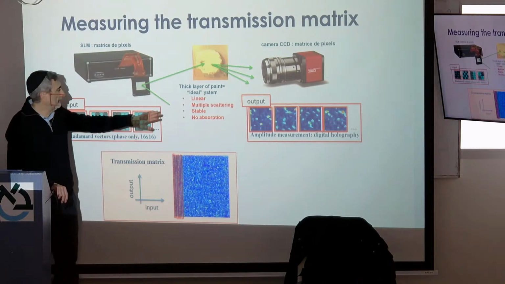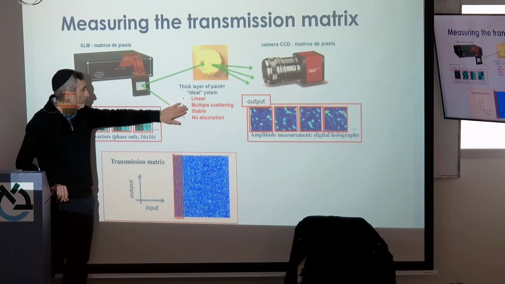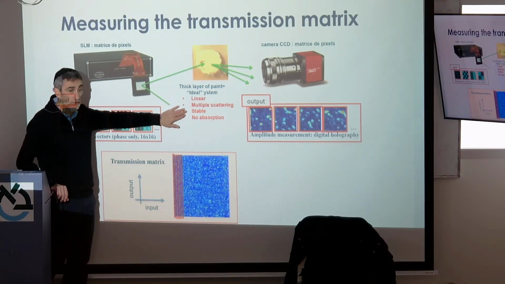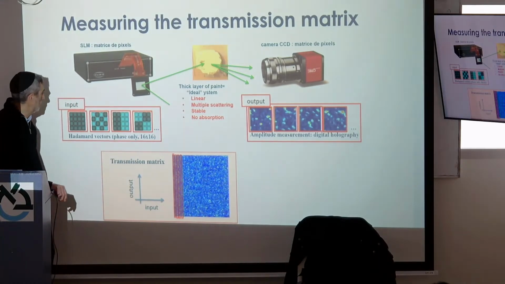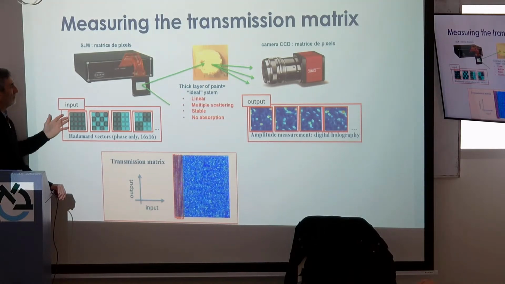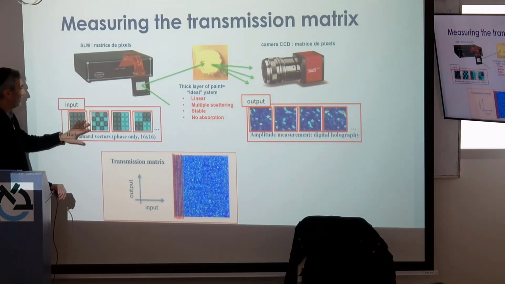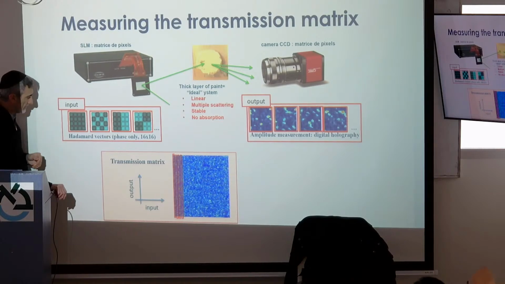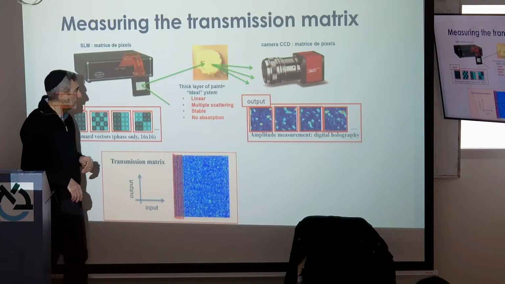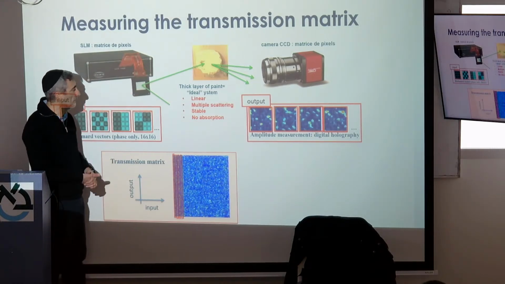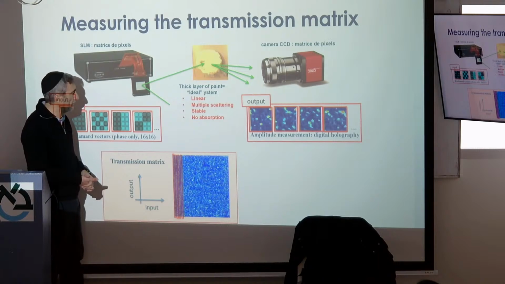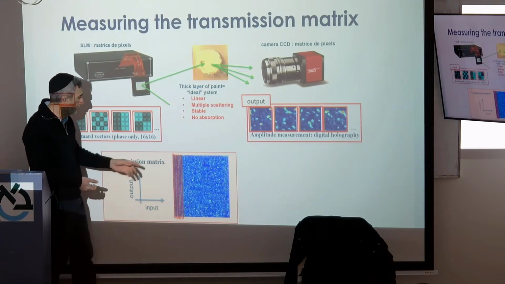What is important is that the medium should be linear, multiple scattering, stable over time, and should not absorb that much, otherwise we lose the information. At the input here, we use a particular basis called the Hadamard basis. Okay, so you scan each element of the basis and you measure on the other side the result on the camera. For each pixel, you get a response.